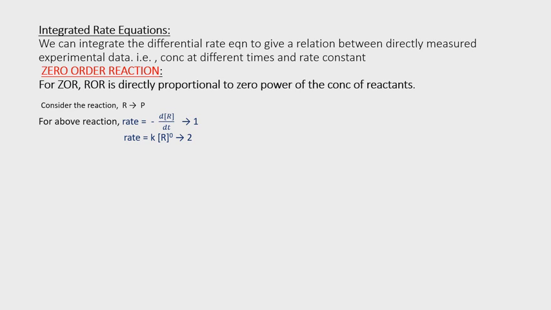Equation 2 represents rate equation. So from 1 and 2, rate equal to minus dR by dt equal to K into 1. Why K into 1? This R power 0, anything power 0, it gives 1. Just look at stepwise.